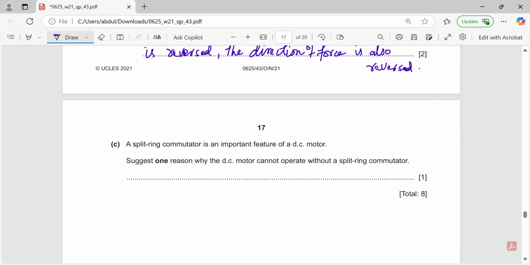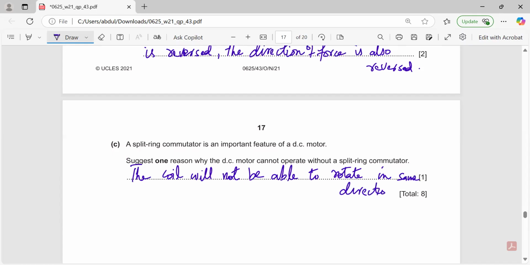So in the absence of the commutator, the coil will not be able to rotate in the same direction. So that's why a split ring commutator is needed.